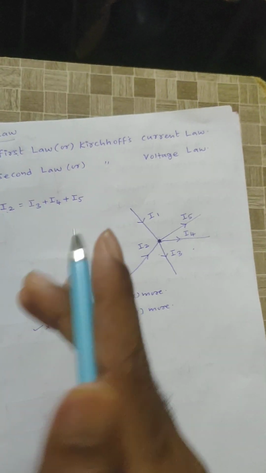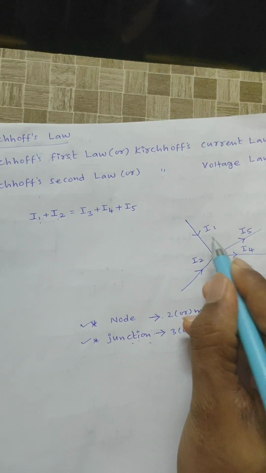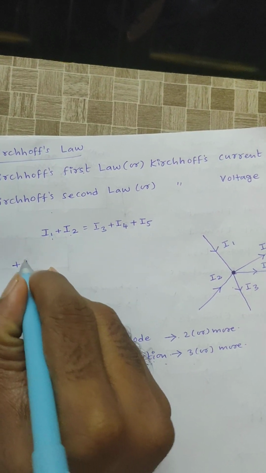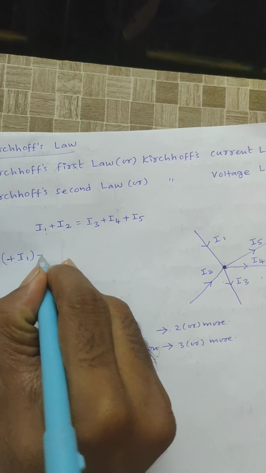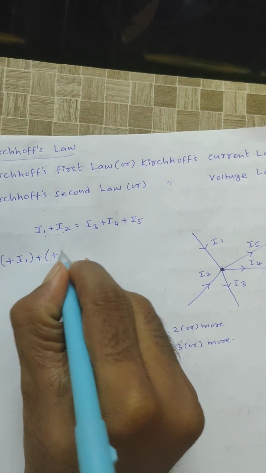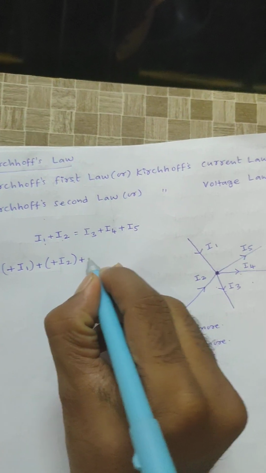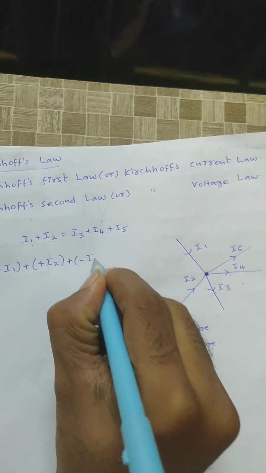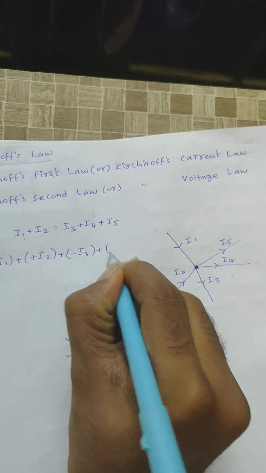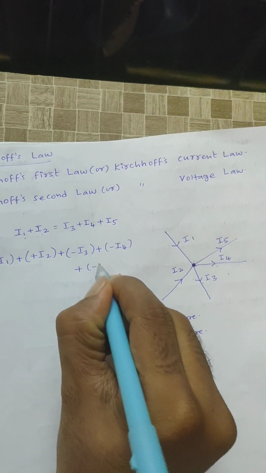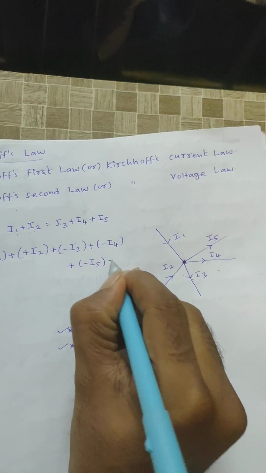Now see here, I1 and I2 are towards the node, so I am assigning a plus sign: plus I1, plus I2. I3, I4, I5 are the outgoing currents, so minus I3, minus I4, minus I5 is equal to 0.